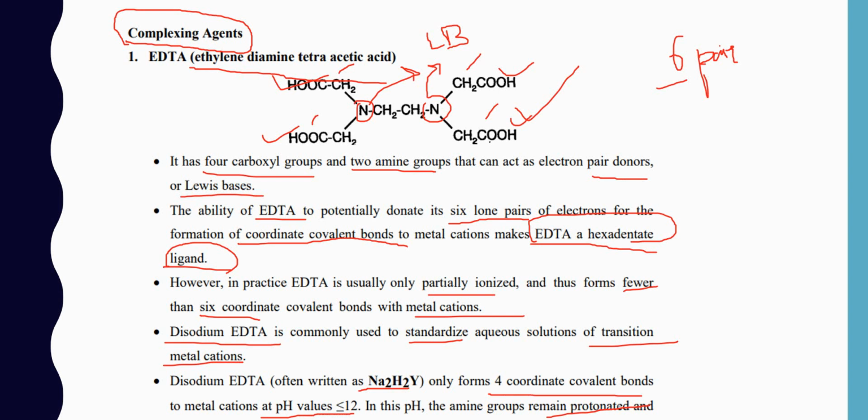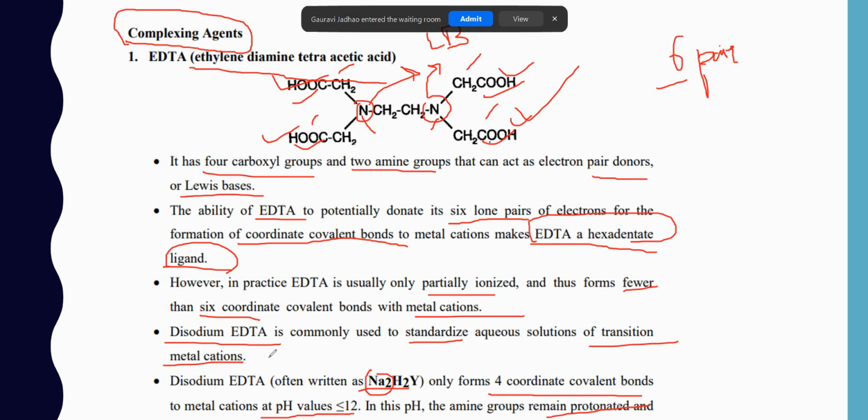Why so? See what has happened now: these two sodium ions which are attached are attached to these two nitrogens at this pH. So only these acetic acid groups have the ability to donate the electrons, and these two nitrogens now cannot donate the electrons. At this pH the amine groups remain protonated.